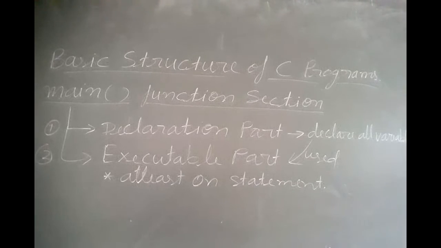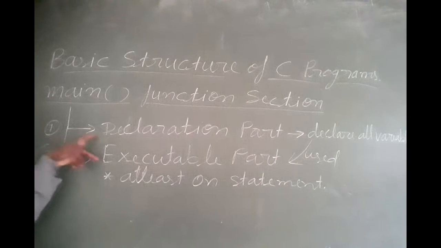The program execution begins at the opening brace and ends at the closing brace. The closing brace of the main function section is the logical end of the program. All statements in the declaration and executable part end with a semicolon.